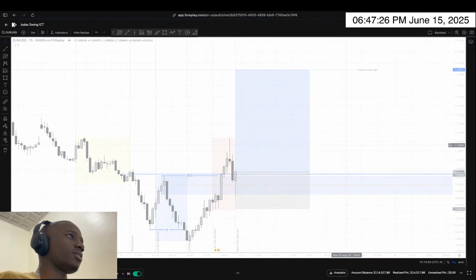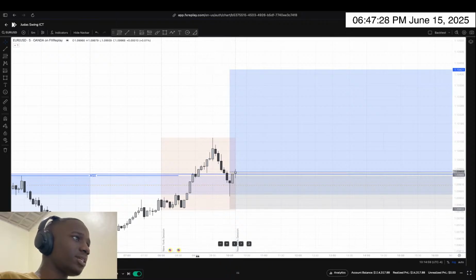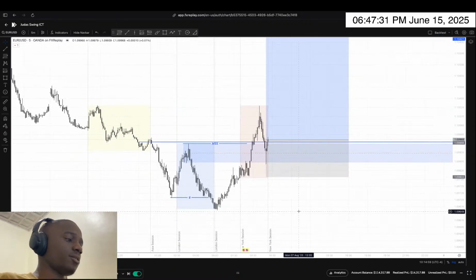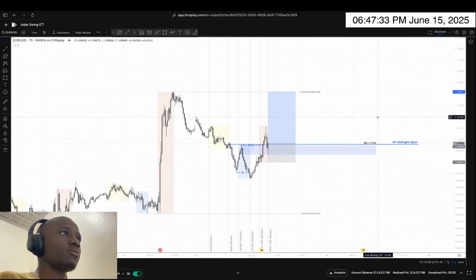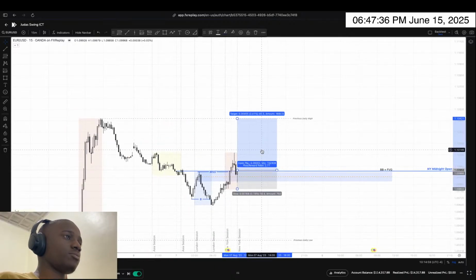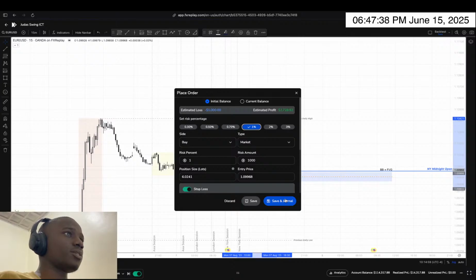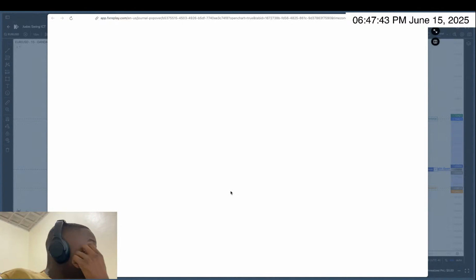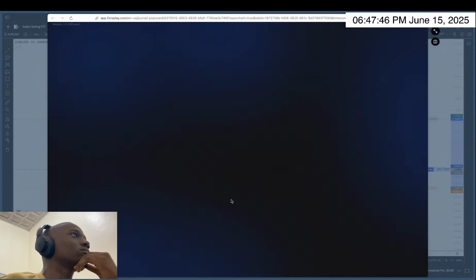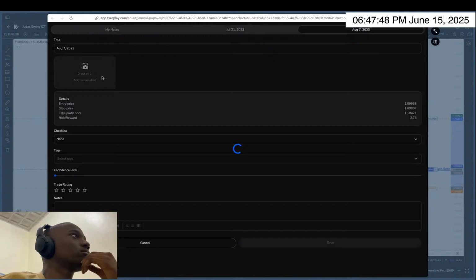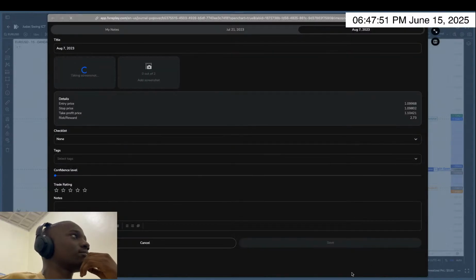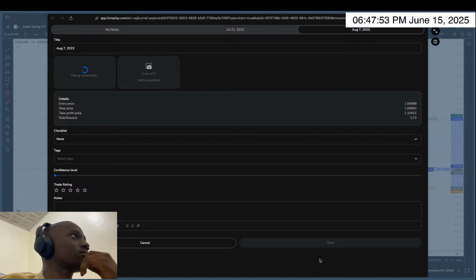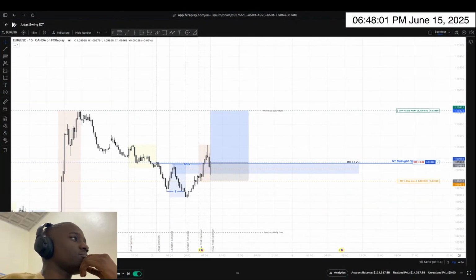And when I go on the 5-minute, you can see how clean the setup looks here. So back to the 15-minute now. Let's see how this setup plays out. Risking 1%. And I'll add the screenshot. Save, then start this trade, this move.